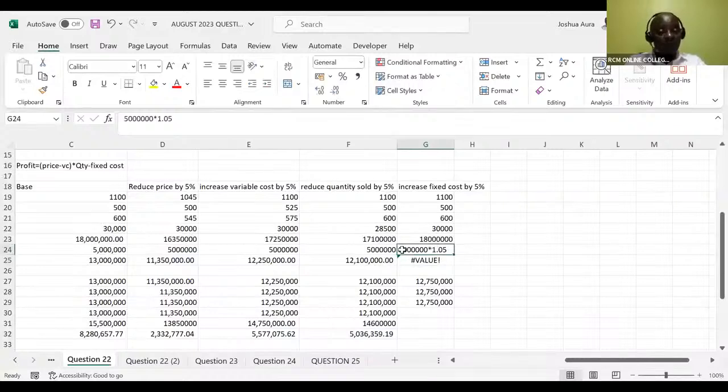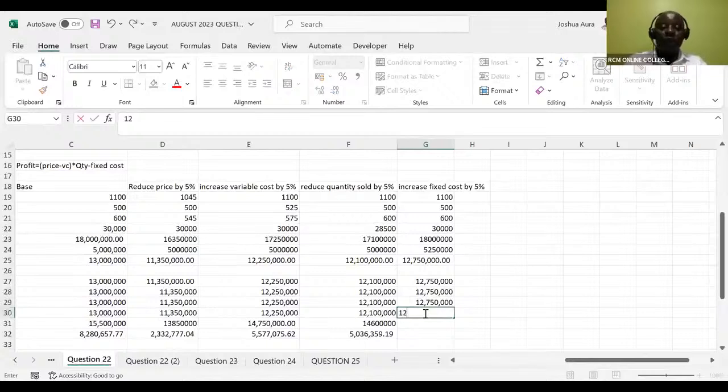To evaluate it, you must put equals there, like that. So we have enter. That is the enter. Then I'm getting this profit. So I need to duplicate them here. Year 1, I duplicate the same, and so on to year 4. Year 4, I have 12,750,000.